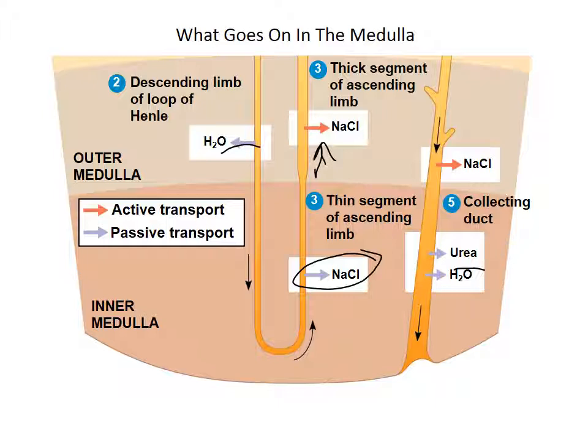So what you see is the action going on in these long, thin tubes: sodium chloride and water. That's it. Sodium chloride is actively transported out in the ascending part of the ascending loop of Henle and also throughout the collecting duct.